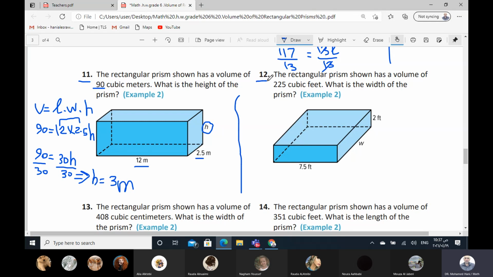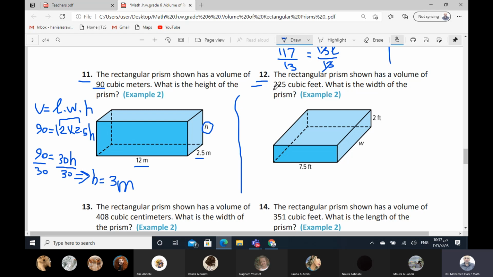Who can read exercise number 12? Okay, now start. The rectangular prism has a volume of 225 cubic feet. What is the width of the prism? Thank you, Noah.